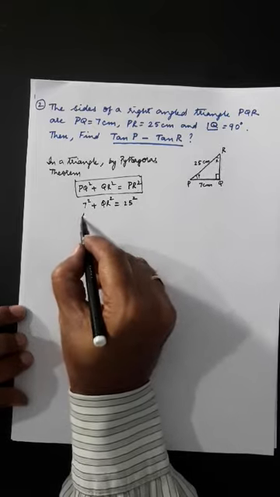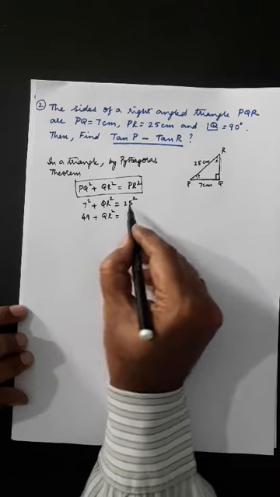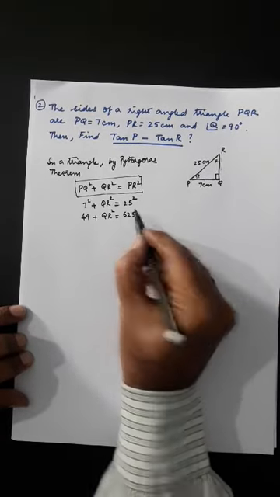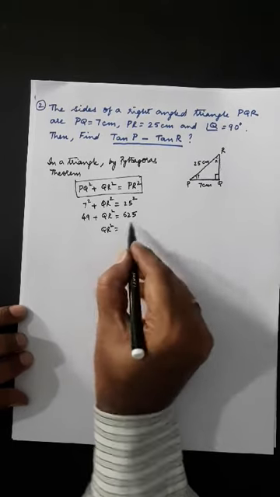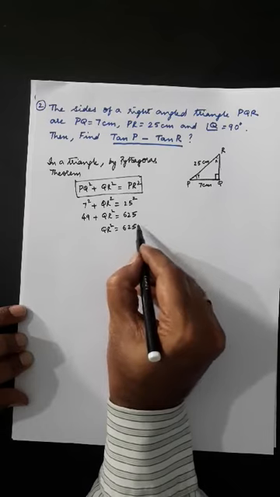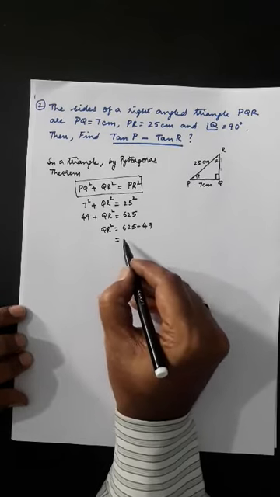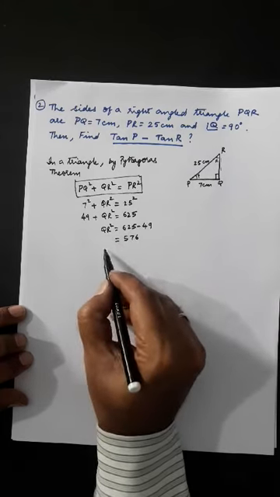So 7 square is 49 plus QR square equals 25 square. 25 into 25 is 625. Okay. So QR square, if you bring 49 this side, it becomes minus 49, which is nothing but 576. QR square is equal to 576.